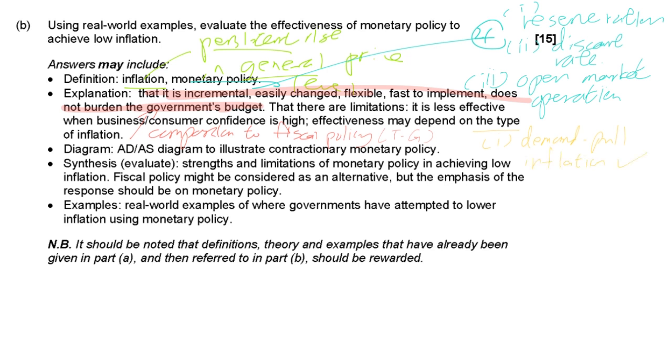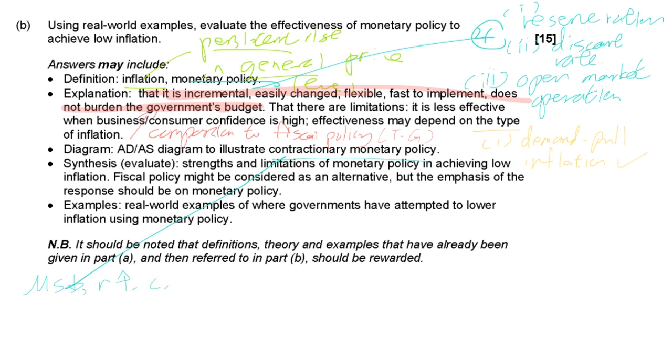Next we are going to talk about the diagram. We have to illustrate a contractionary monetary policy. What does contractionary monetary policy mean? I have to put down some notes here. For contractionary monetary policy, when the money supply drops, the interest rate would increase.